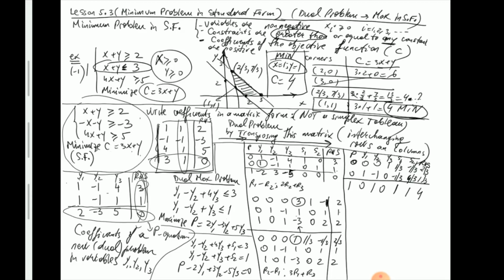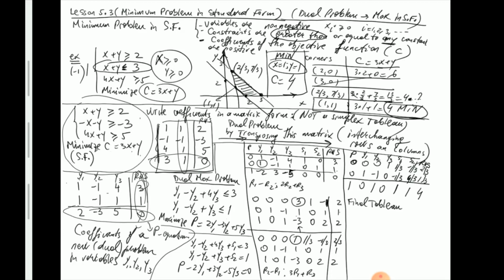Okay. When you reach the final tableau, the only difference compared to the maximum problem is the way you read the solution. Remember, this is the final tableau for the dual problem.